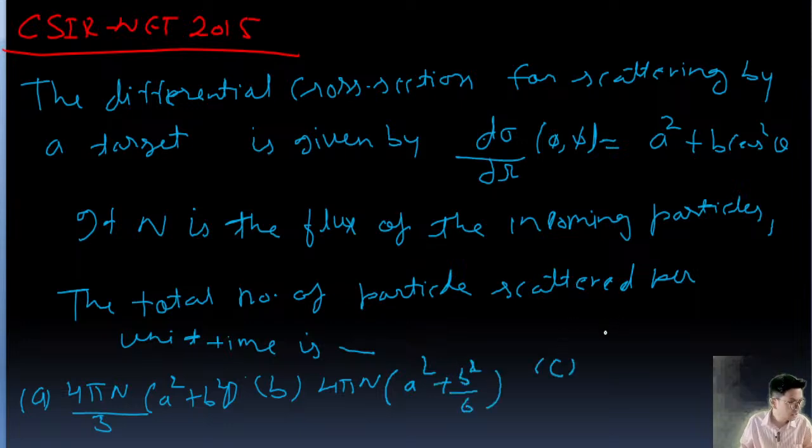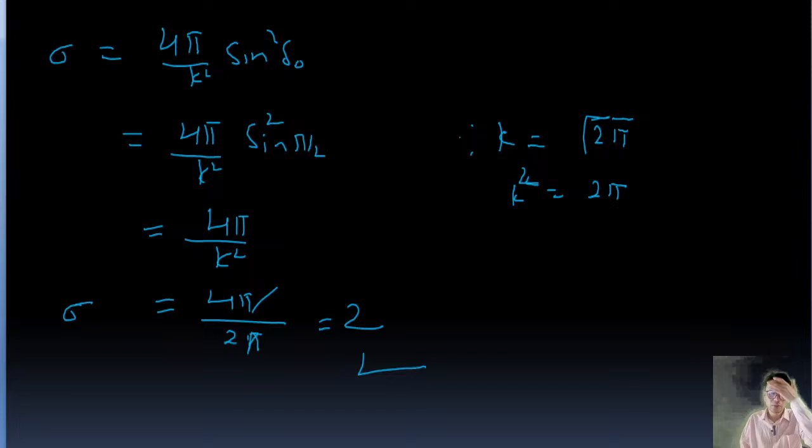Option C is 4 pi n into a square by 2 plus b square by 3, and option D is 4 pi n into a square plus b square by 3. So these are the options.